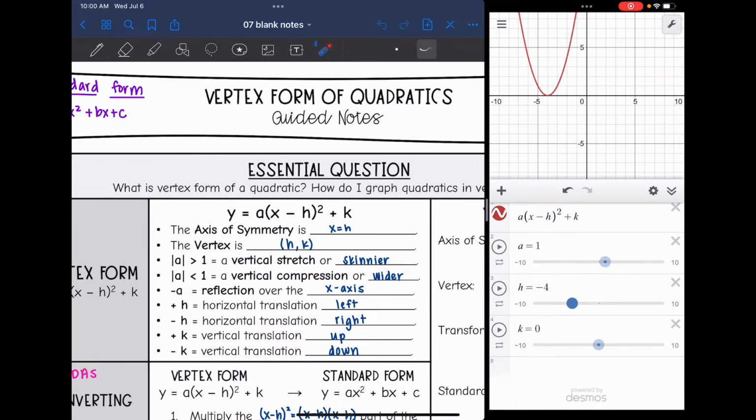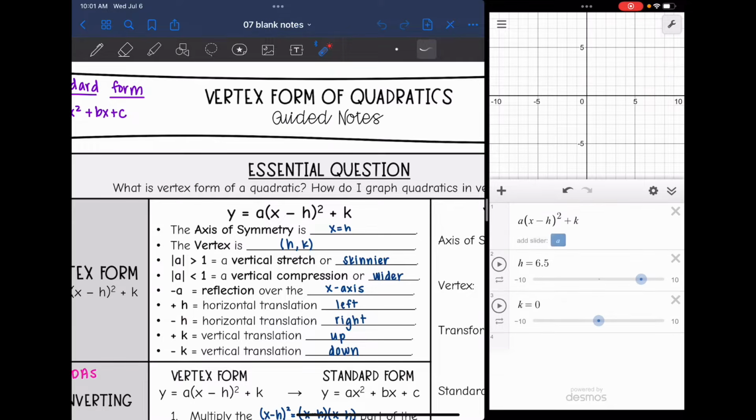So when I add h, it's going to move left. And then when I subtract h, that means h itself would be positive on this slider and I move to the right. Okay, so horizontal translations are opposite of what you would think because of that subtraction sign. If we add h, we are moving to the left. And then if we subtract h, we are moving to the right.